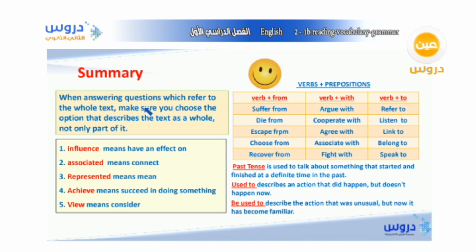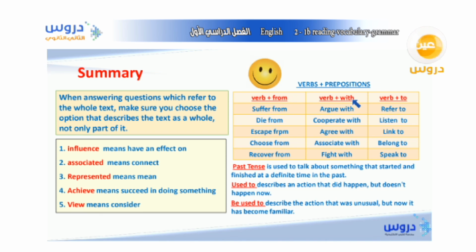So as quickly as possible, we have talked about how we use a question to answer a general idea. We had some nice vocabulary like influence, mean, effect, associated, connected or linked. Represented means mean, and achieve, to get or succeed in doing something. View means to consider something.